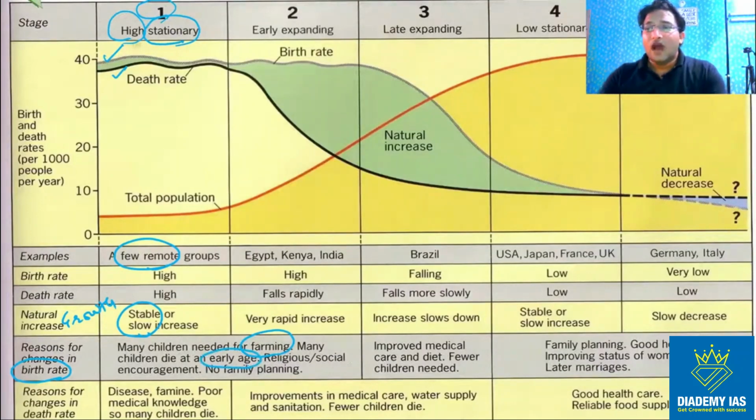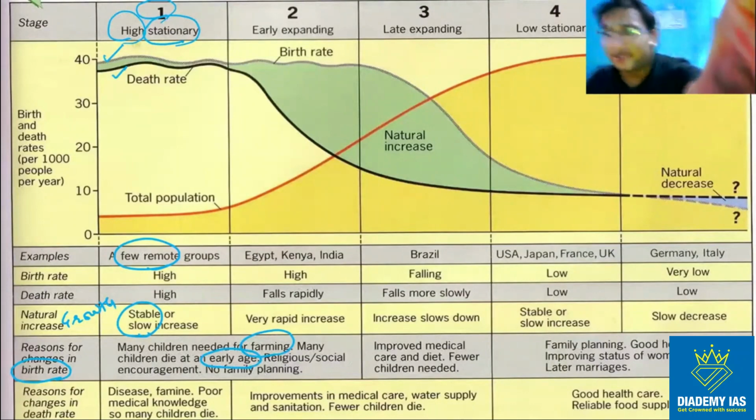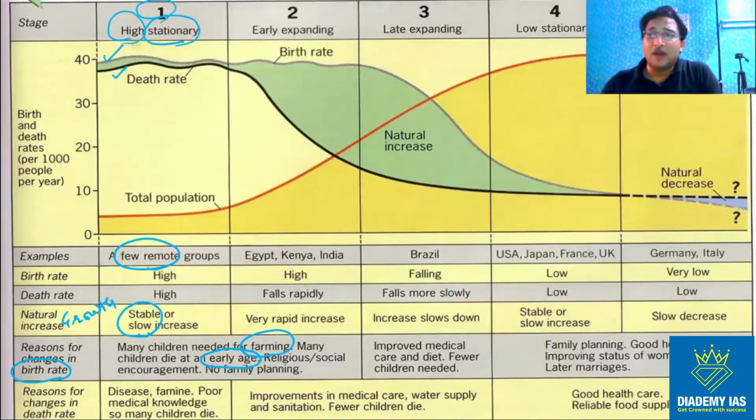So to avoid the loss of children, to manage this scenario of high death rate among the children, more and more birth rate is there. So people give birth to more number of children because many children die at an early age. Apart from that, religious or social engagement and no family planning, these are the reasons for high birth rate.